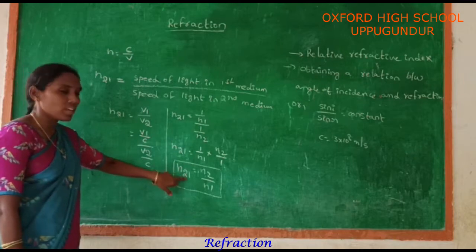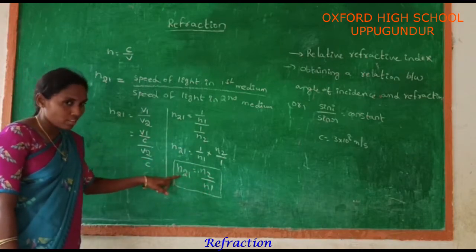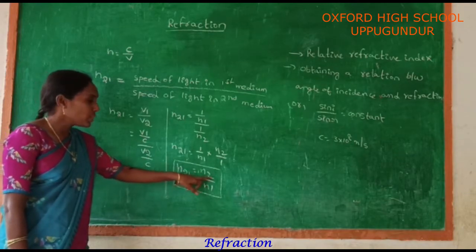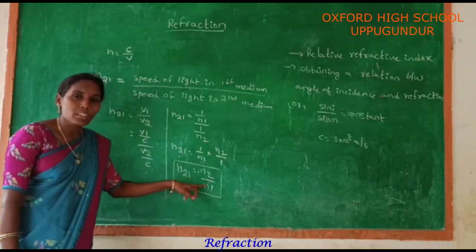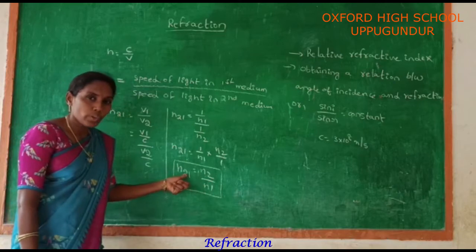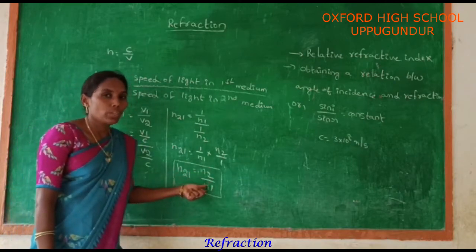Finally, n21 is equal to n2 by n1. Relative refractive index n21 is equal to the ratio of refractive index of second medium to the refractive index of first medium.